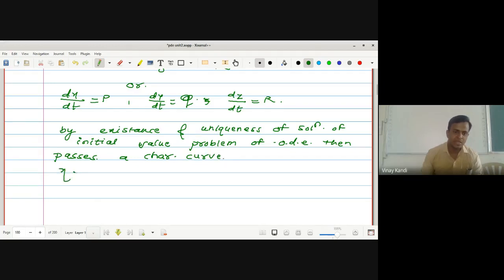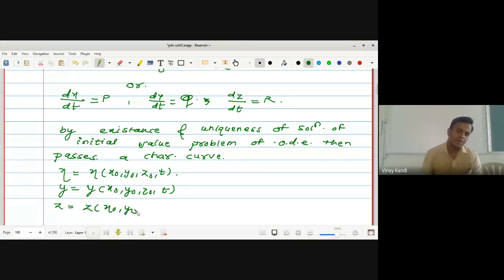And that curve is given by x is a function of x naught, y naught, z naught, and t. y is a function of x naught, y naught, z naught, and t. Similarly, z is a function of x naught, y naught, z naught, and t. So this is equation number star.